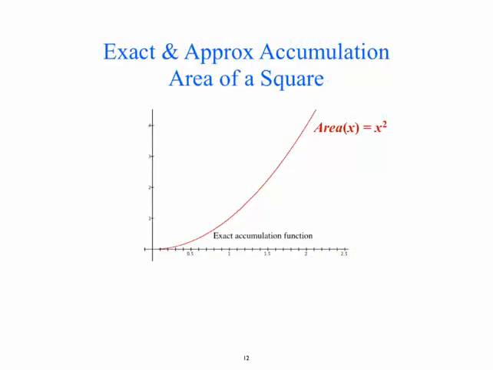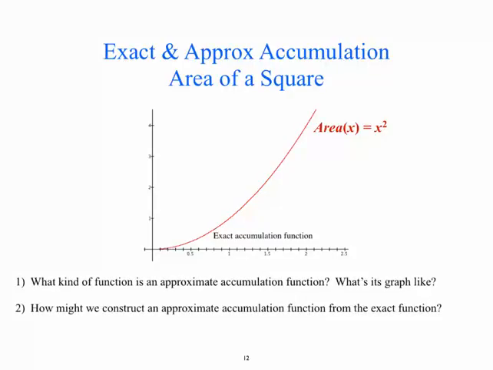Okay, so here's the area of a square. Here's this area function. We know that any area of a square is found by side length squared. So here's our exact accumulation function, the accumulation of area of a square with respect to side length. Okay, so what kind of function is an approximate accumulation function? What's its graph like? And how might we construct an approximate accumulation function from the exact function?